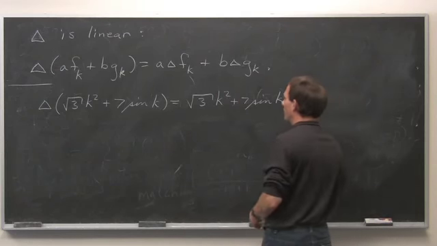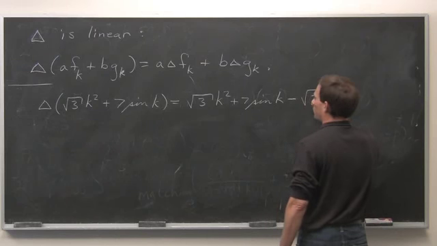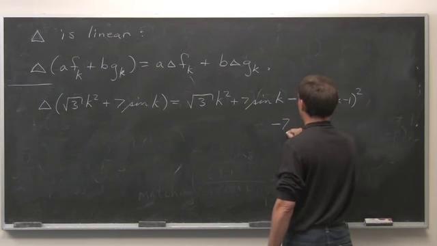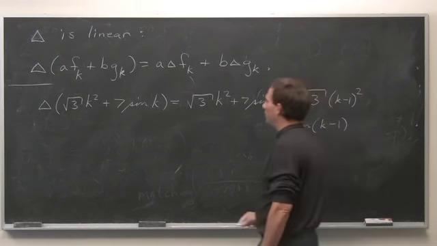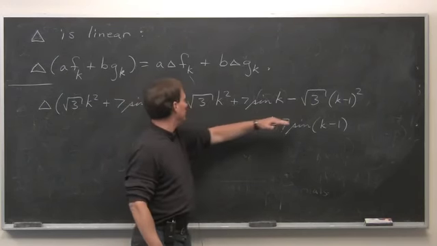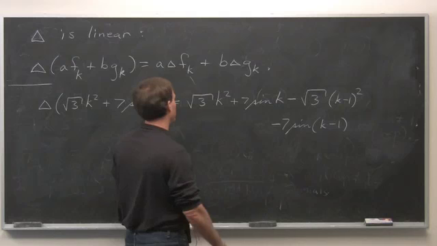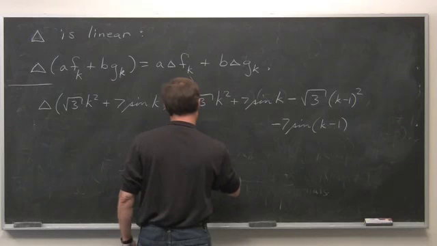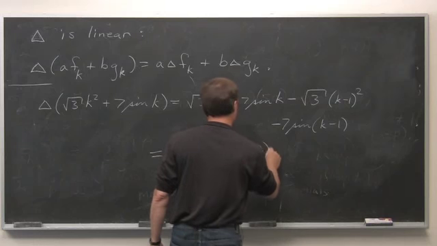You subtract what you get when you replace the k's by k minus 1s. So you'd subtract the square root of 3 times k minus 1 squared, and you'd subtract 7 times the sine of k minus 1. But then you group these two terms together, the square root of 3k squared minus the square root of 3 times k minus 1 squared, and you factor out the square root of 3, and you get this.